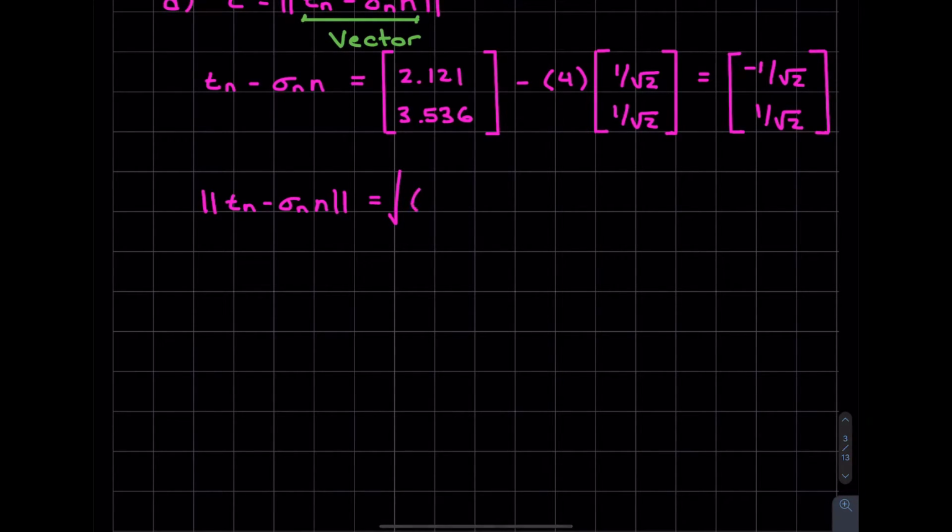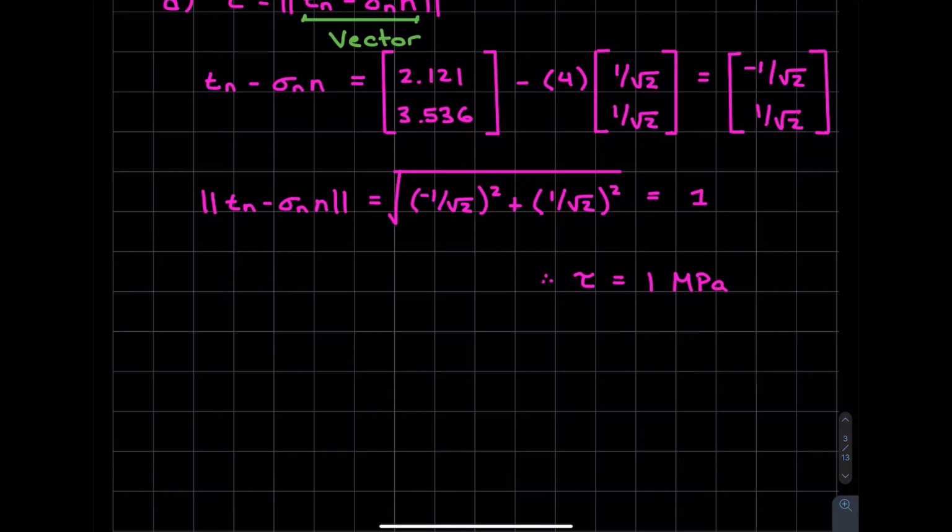So we're going to have negative 1 over root 2 squared plus the second component, 1 over root 2 squared. Then we add them together and take the square root, and what you get is 1. So therefore, our tau is simply 1 MPa, because again, this is a stress, so we need to include the units.